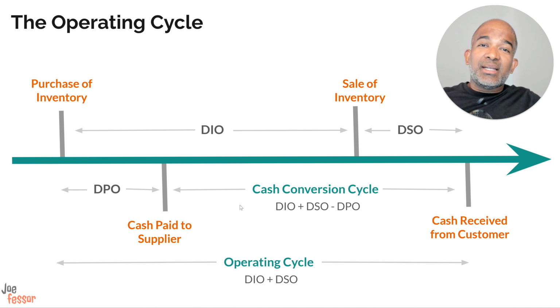This period starts when the company pays the supplier, which is DPO or days payable outstanding, and ends when the company receives the cash. The ultimate goal is to minimize this time between paying vendors and collecting from our customers. Minimizing the cash conversion cycle frees up cash for other productive purposes, demonstrating top management efficiency.